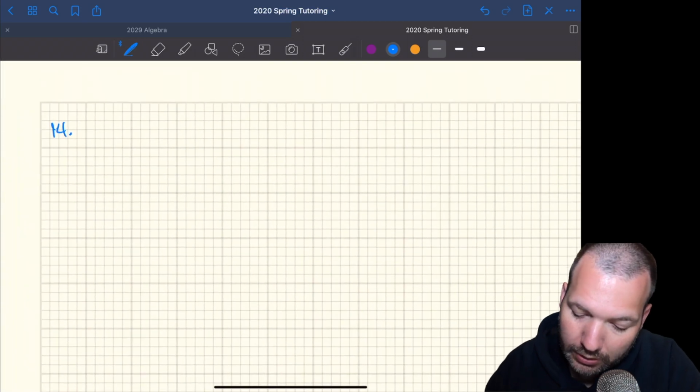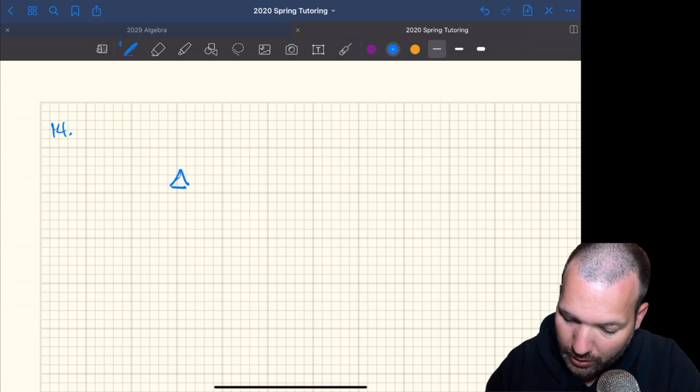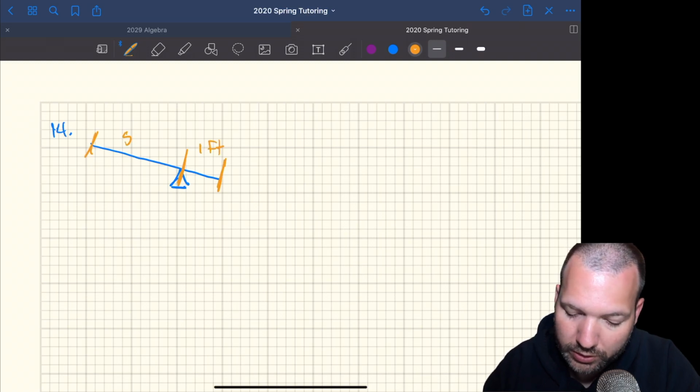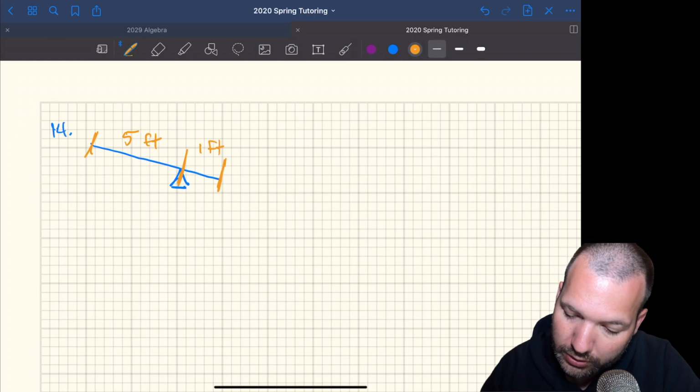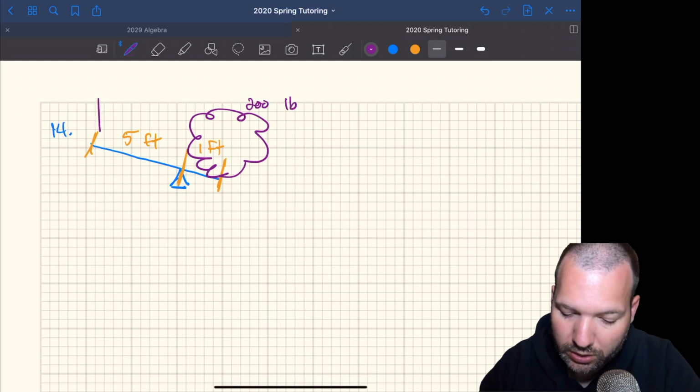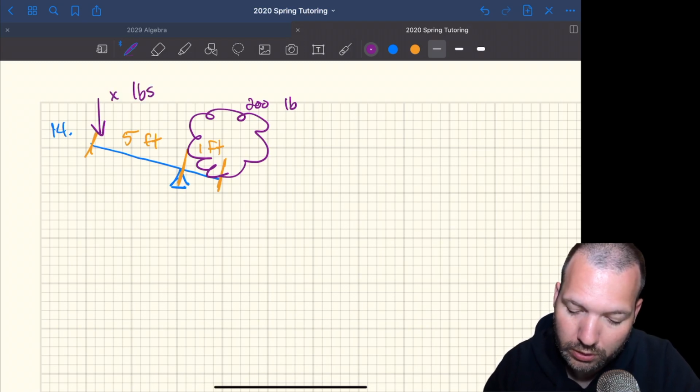All right, so we have our fulcrum here, and then our bar might look something like that, where this right here is 1 foot. Of course, the bar is 6 feet long, so this other part is 5 feet. We have this big 200-pound rock, and so we need to push down with some amount of force to be able to lift that. We'll call it x pounds of force.